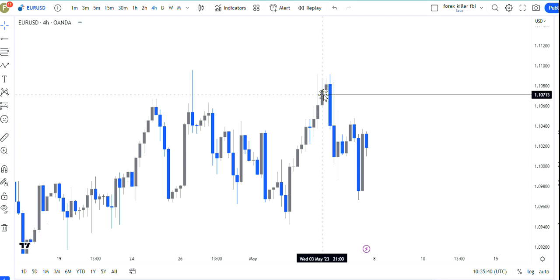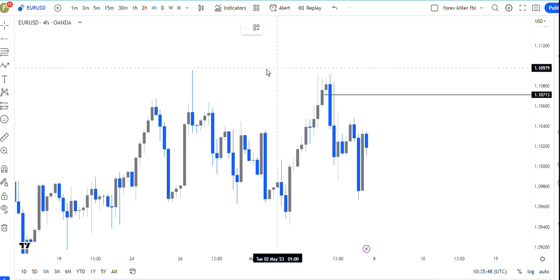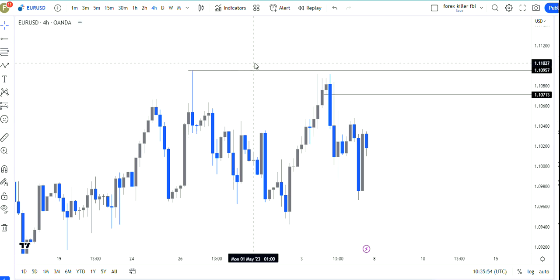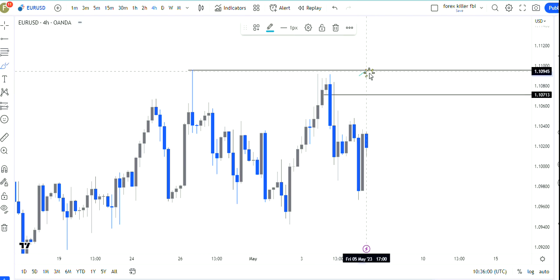Let us mark our OB here, and let us mark on the top of this OB what is inside. So you have to see this point and this point, which is high. What is inside this point here?